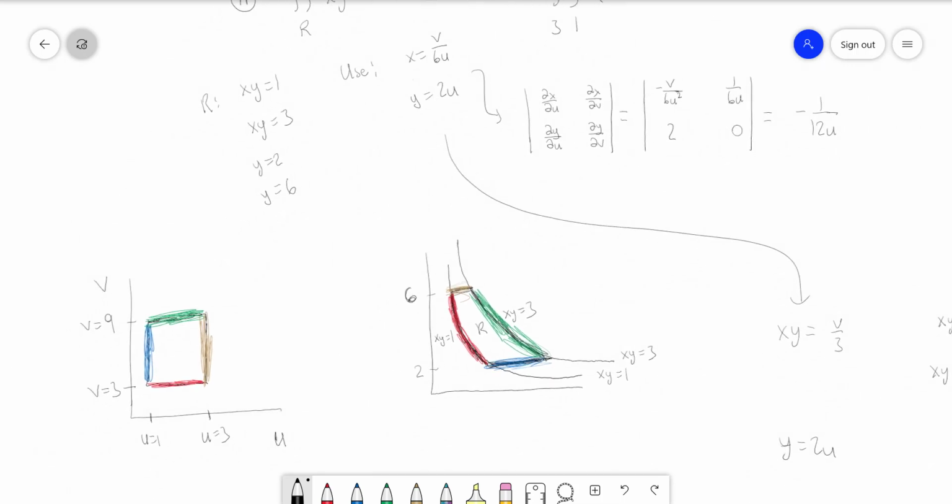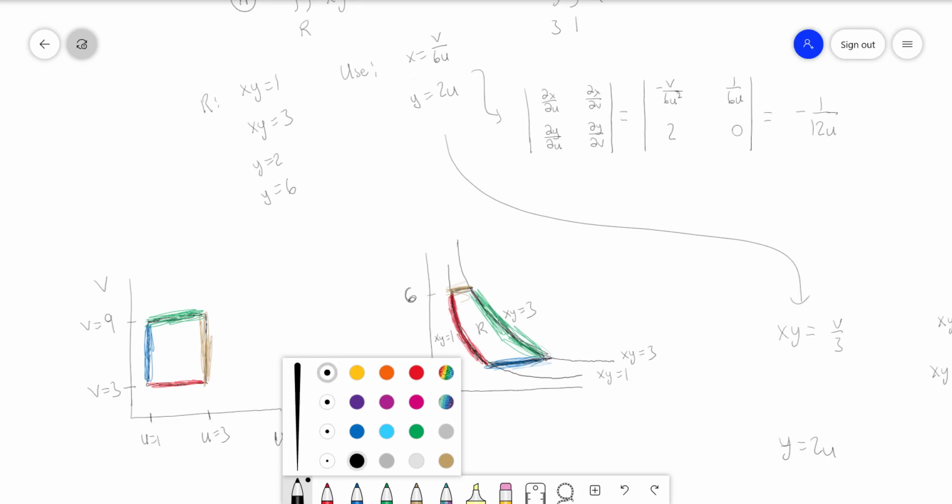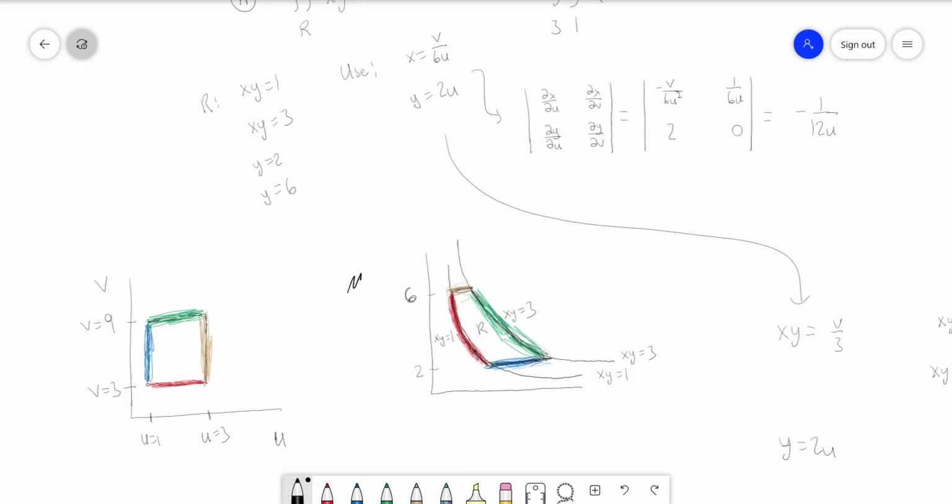As a small side note, again, this isn't super important, but notice that in the XY region, if I go red, blue, green, and whatever that color is, it's a counterclockwise orientation.